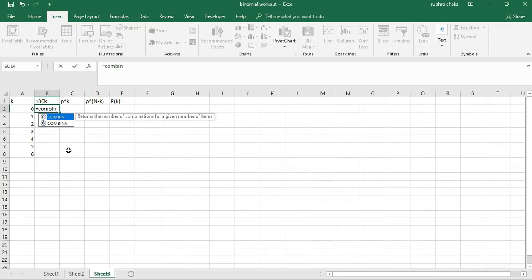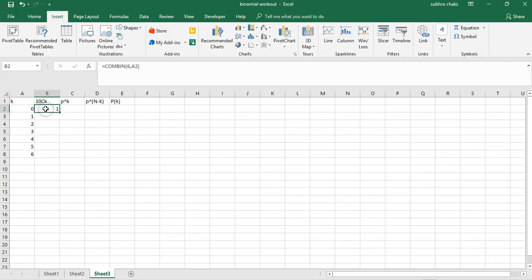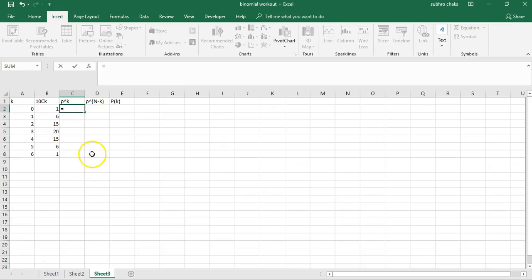There is a combine function in Excel. If we use that, I'd say the total number of matches is 6, and in this particular case I'll first take 0, and then I'll just copy paste this formula for 1, 2, 3, 4, 5, 6. So if you see, this one is 6 and 1, this one is 6 and 2, and so on. Now I get the value of probability to the power k.